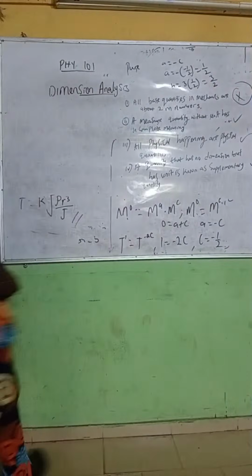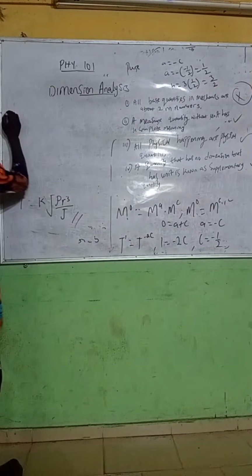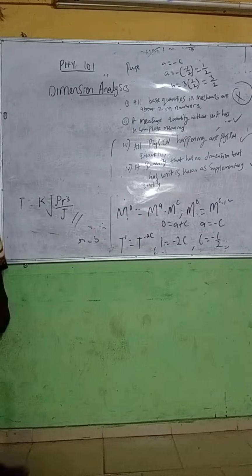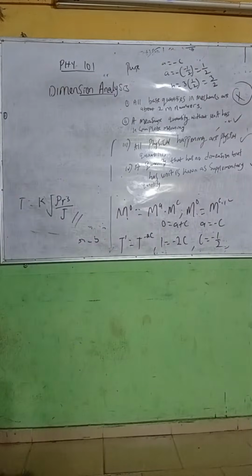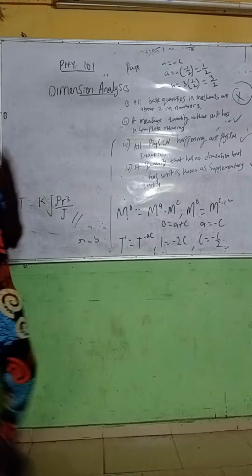The next question. Which of the following statements is or are correct? Statement A: the ratio of distance to displacement is always 1 for a body moving with uniform speed. Let's examine it one by one.